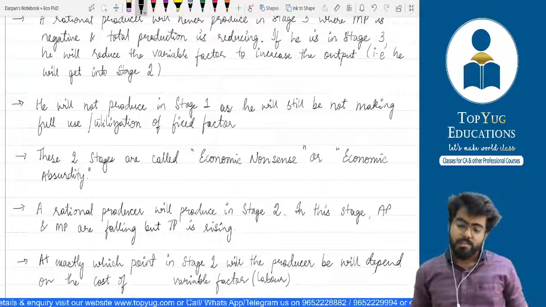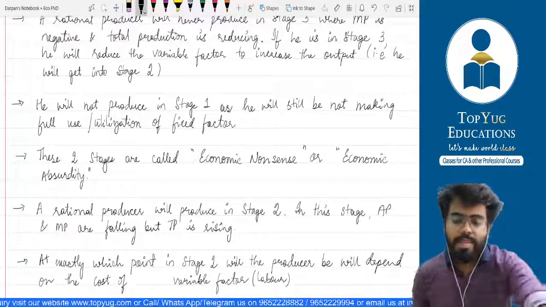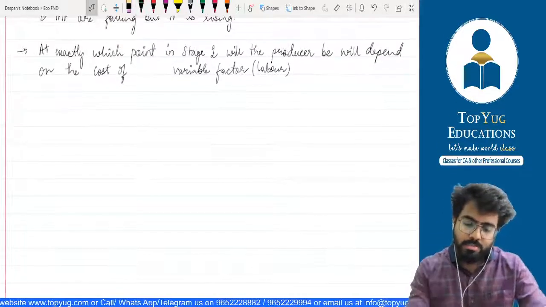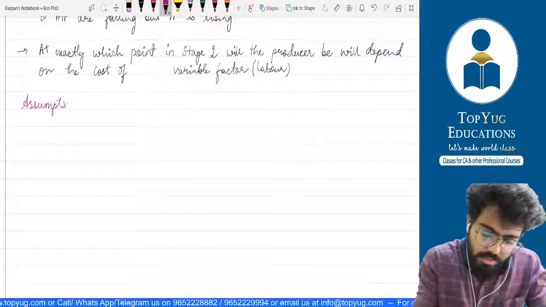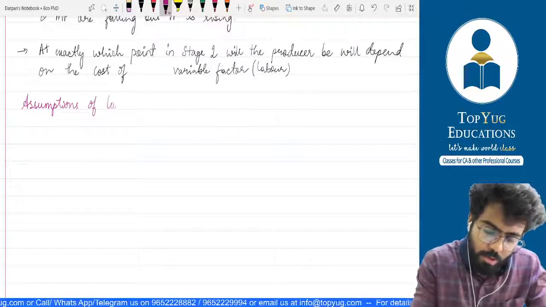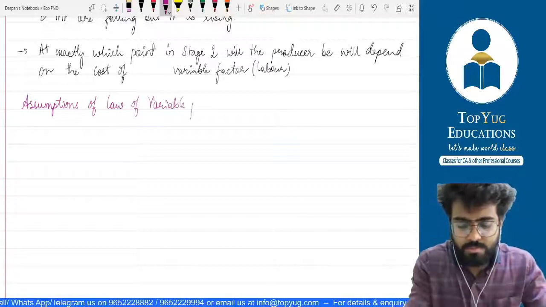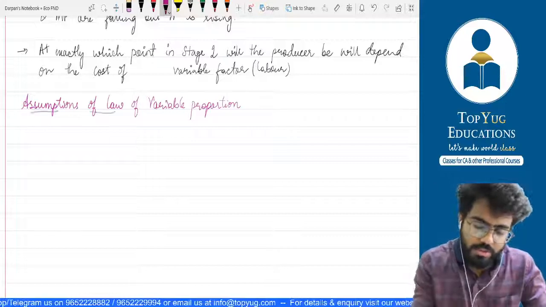Now let's finish the last part of this law, which is assumptions. Assumptions of law of variable proportions. What are the assumptions?